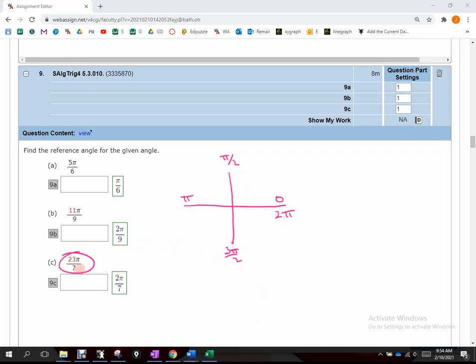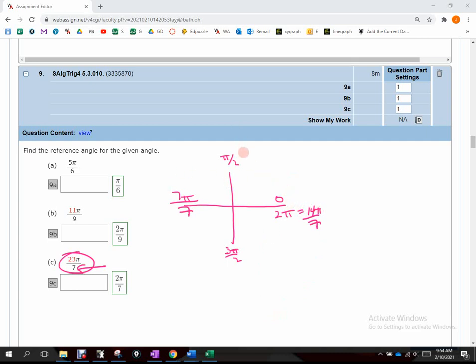Because when they change the denominator to 7, that becomes hard to compare. If everything's in uncommon denominators, it's hard to decide where 23 pi over 7 is. So what I'm going to do is rewrite this as 7 pi over 7. Is that okay? Is that still pi? Then this would be 14 pi over 7.